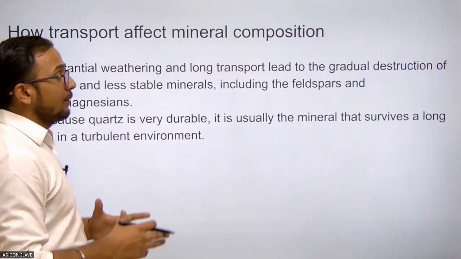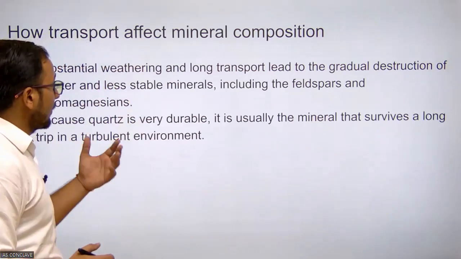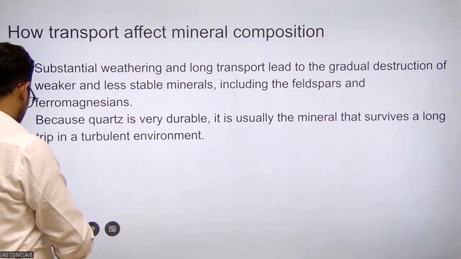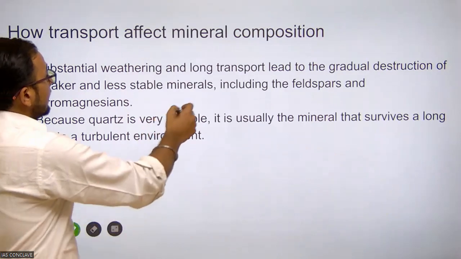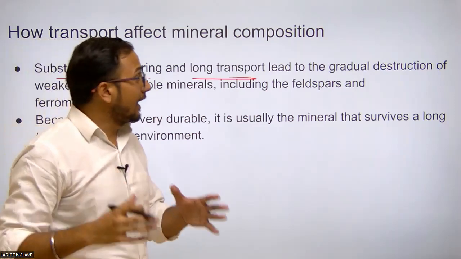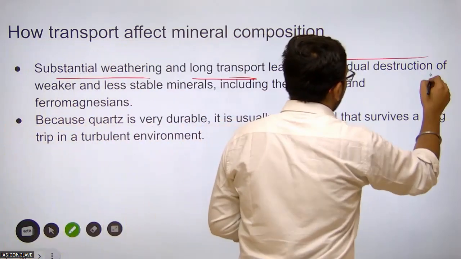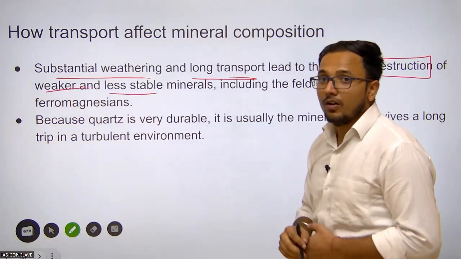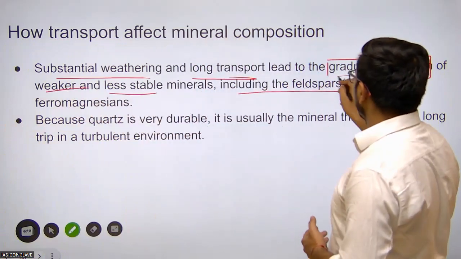So how does transport affect the mineral composition? We know that transport can affect mineral composition, like substantial weathering and long transport. Substantial weathering and long transport lead to gradual destruction of the weaker and less stable minerals, including feldspar.